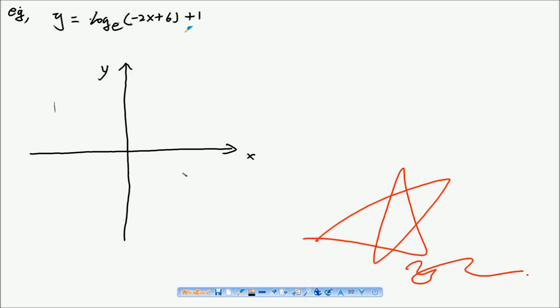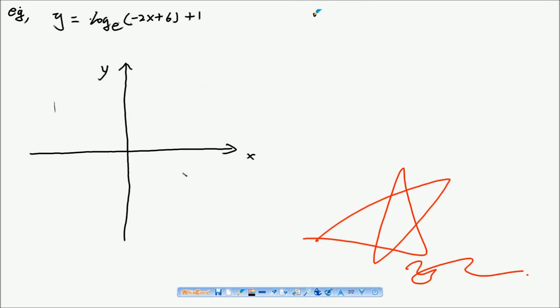Firstly, let's describe the transformations. The domain of the graph we'll label after we draw the graph.